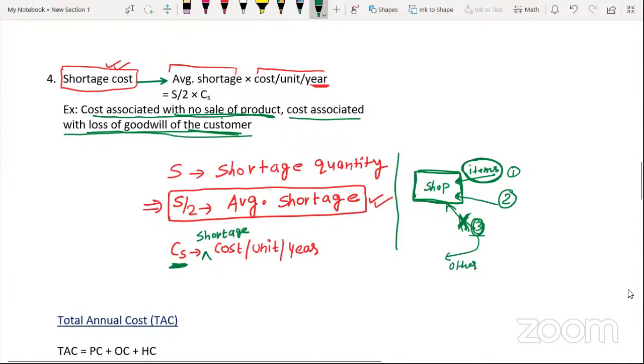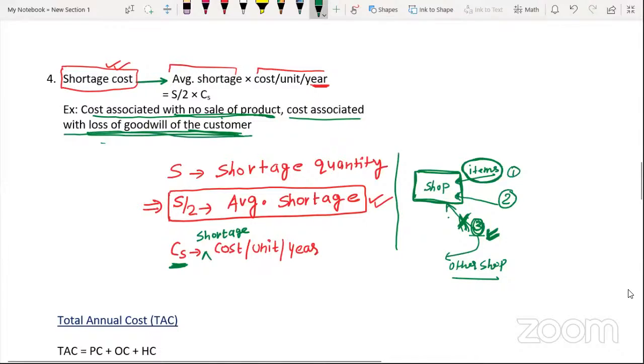The profit which was going to come the third time is not coming. It means there is a loss of goodwill of the customer. Loss of goodwill means that the third time you are not going to that shopkeeper for buying the products, because every time he has the shortage of those items.